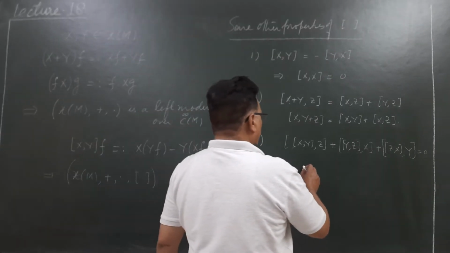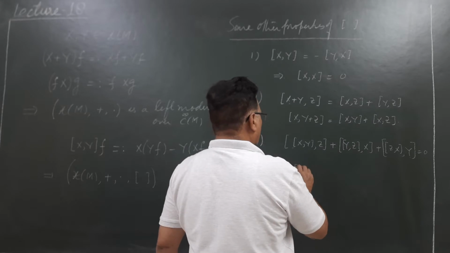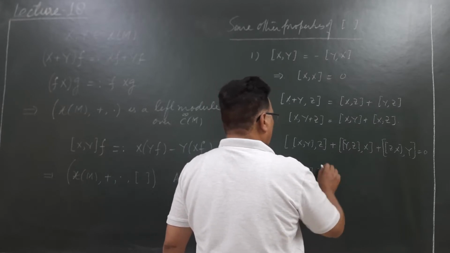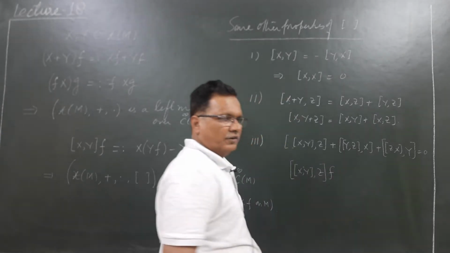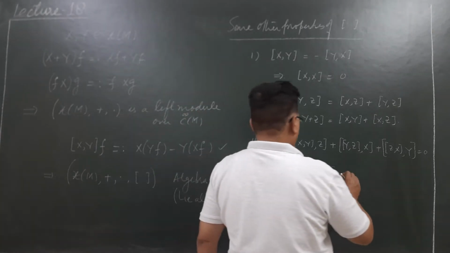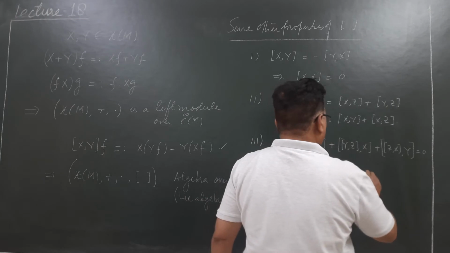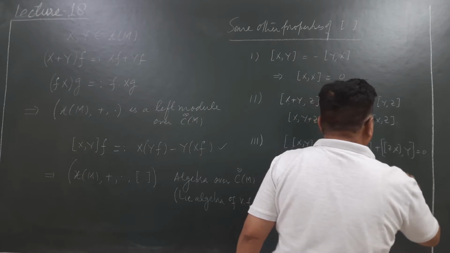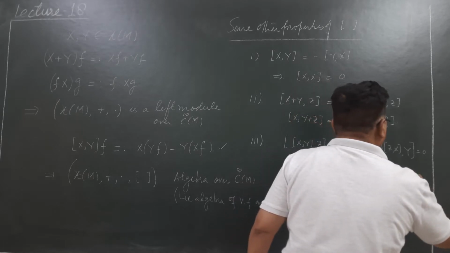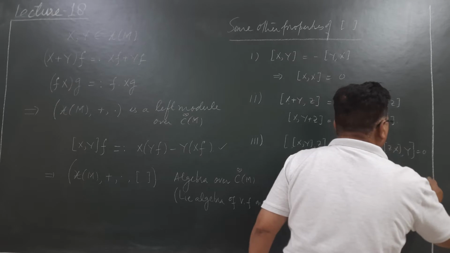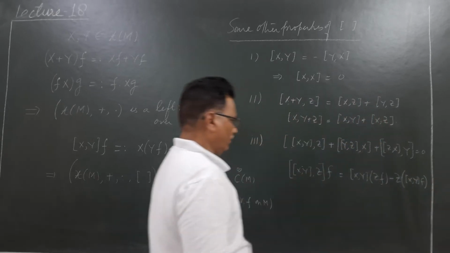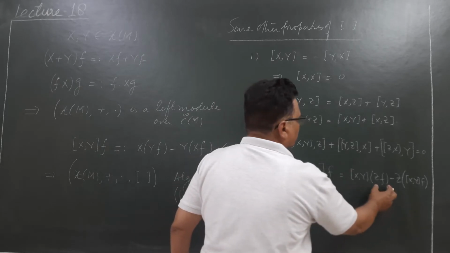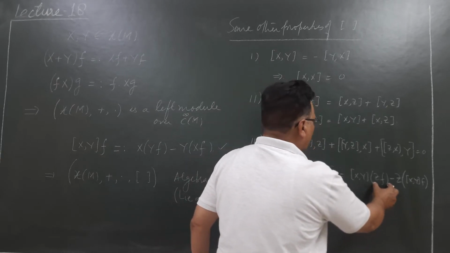For example, you take the first term [[X,Y],Z] and let me operate it on a function f. So it will be [X,Y] operating on Zf minus Z operating on [X,Y] operating on f. And then you further simplify it. So this can be regarded as a new function, you may call it g.